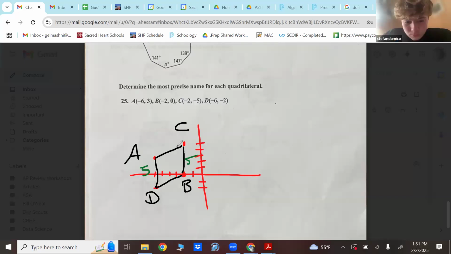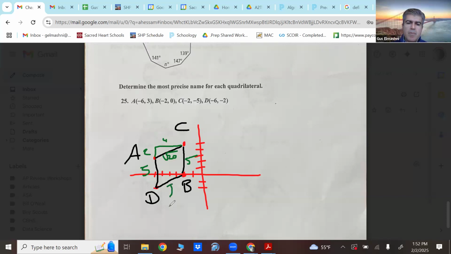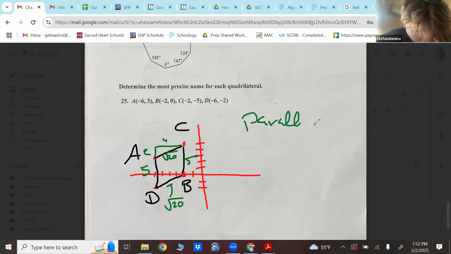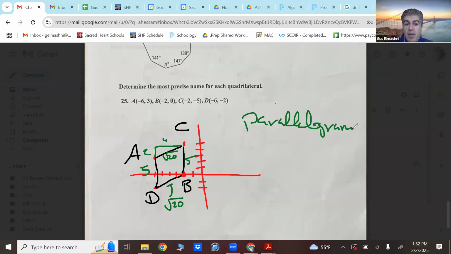And then if you find what this is using the Pythagorean theorem, A to C going up 2 and 4, so that's going to be root 20. So that's a parallelogram. You get two pairs of opposite sides that are equal.